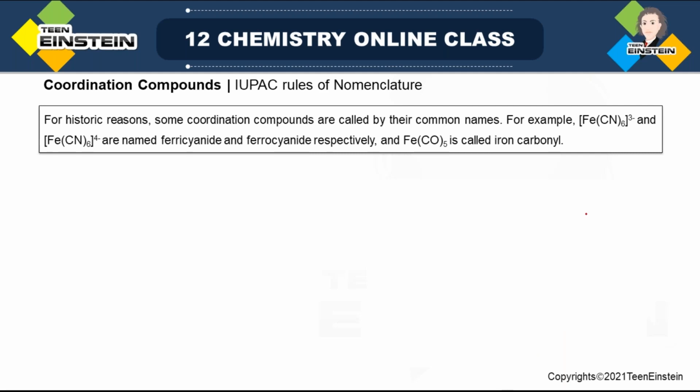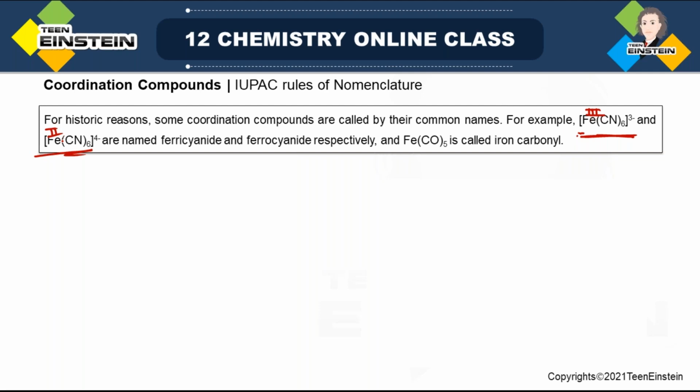For example, [Fe(CN)6]3- and [Fe(CN)6]4-, these anions are named ferricyanide and ferrocyanide respectively. Ferri is for the first one because the oxidation state is +3, and for the second the oxidation state is +2.